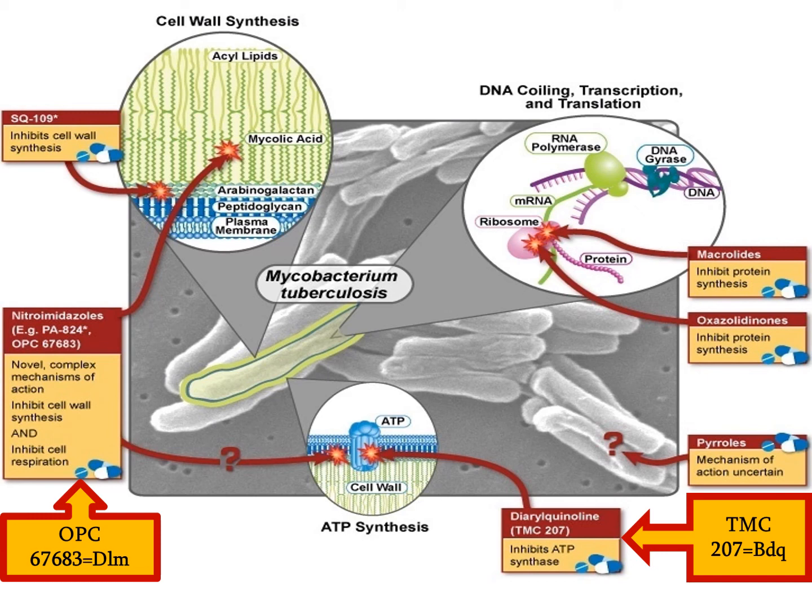Here you see nitroimidazoles' novel complex mechanism of action inhibits cell wall synthesis and inhibits cell respiration. Macrolides inhibit protein synthesis, oxazolidinones inhibit protein synthesis, and the mechanism of action of pyrazinamide is uncertain.